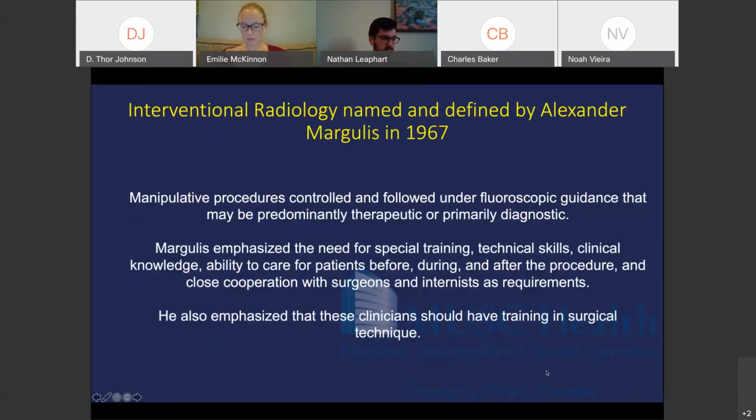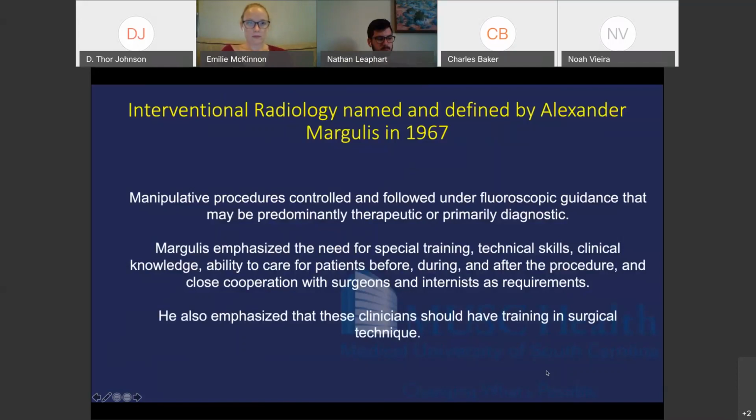So it was named in 1967, IR was, by a guy named Margulis, who was the most famous radiology chairman of all time at University of California, San Francisco. And basically it emphasized that these people who did this specialty needed to have specialized training, not just in imaging, but also in technical skills and clinical knowledge so that they can care for patients. And so he actually named the specialty interventional radiology.